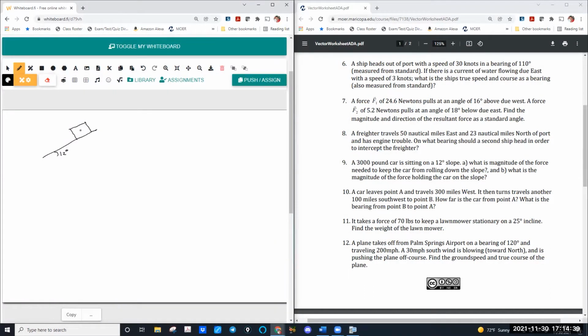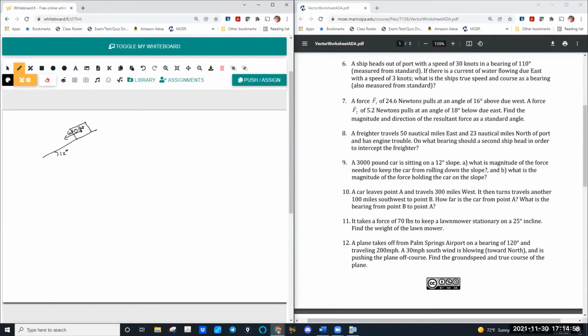We know that 650 pounds of force holds it in place. So that vector has a magnitude of 650 and points in this direction.